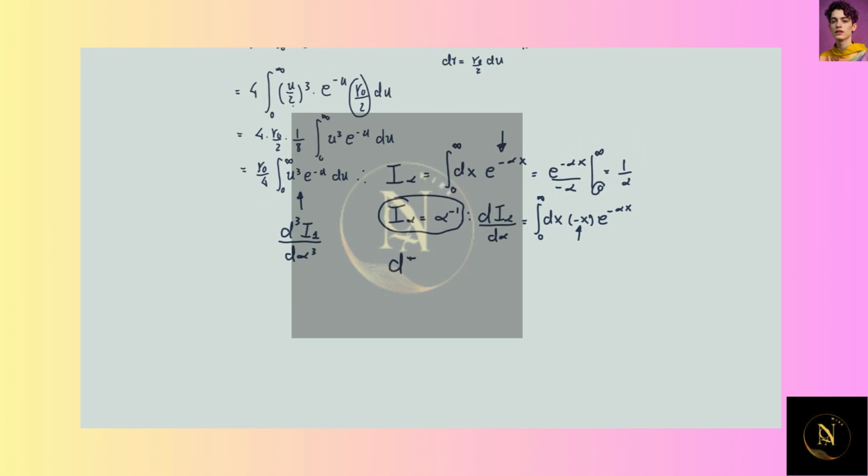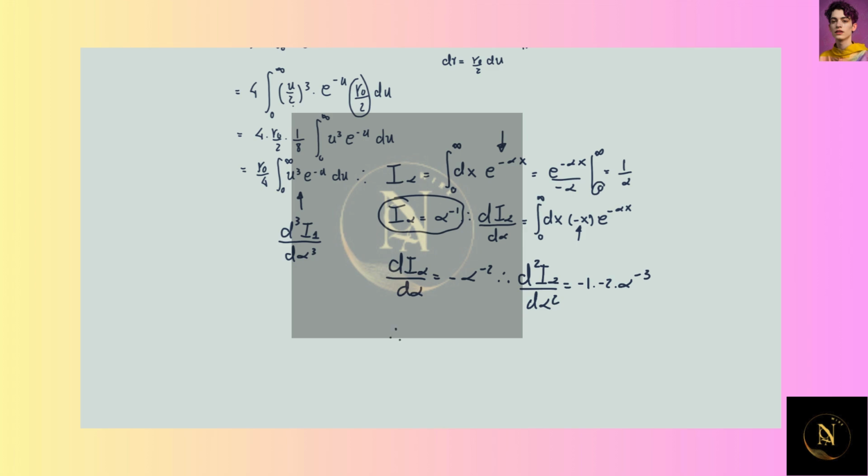So deriving once, we get dI alpha over d alpha is equal to minus alpha to the minus 2. Deriving twice, we get minus 1 times minus 2 times alpha to the minus 3.